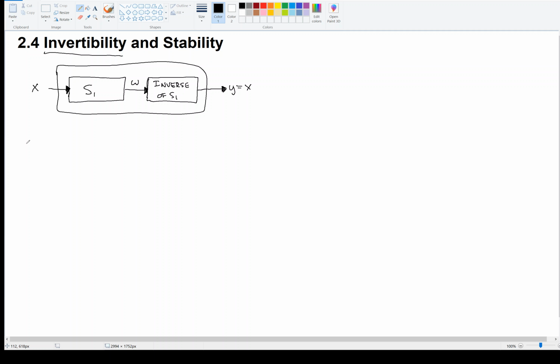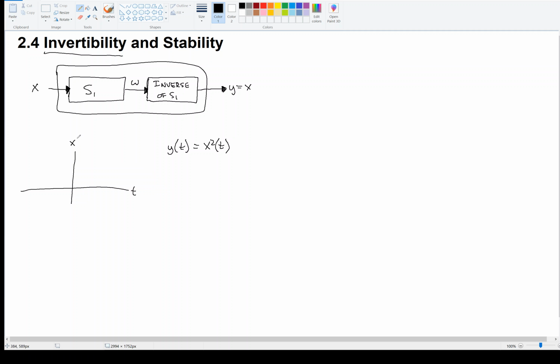Now, let's look in continuous time, although this certainly applies to discrete time as well. And let's say, for example, and we'll look at other examples later in the course, that I have a system whose input-output relationship, y of t, is the square of the input signal x of t. Okay?